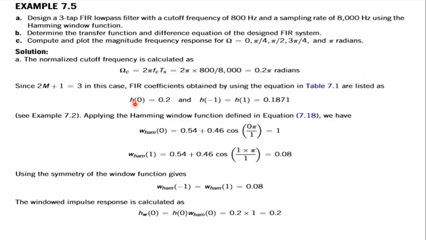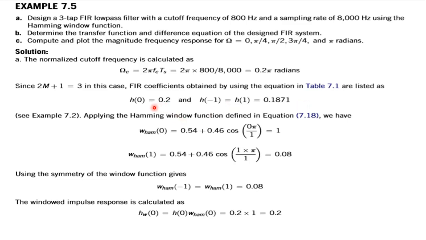Here when n equals 0, the impulse response comes out to be 0.2, and when n is not equal to 0, here n is taken as 1, its value comes out to be 0.187. Due to the symmetry, the value that is at 1 will also appear at -1.